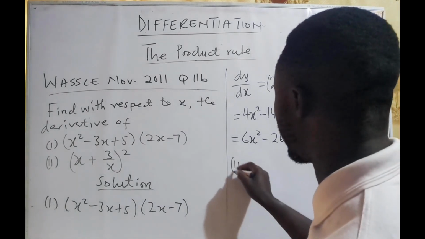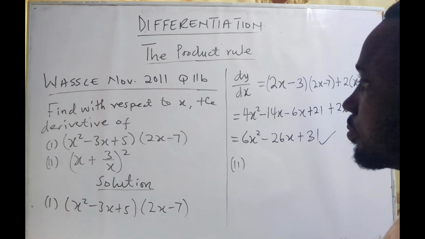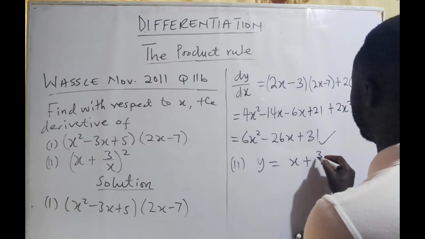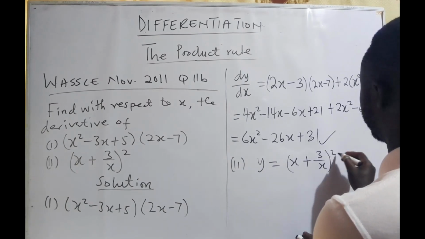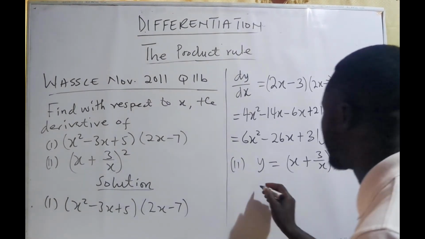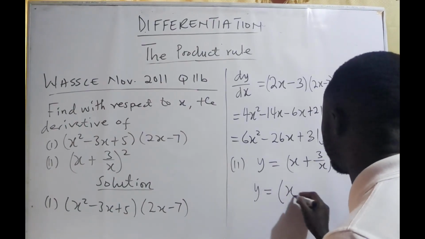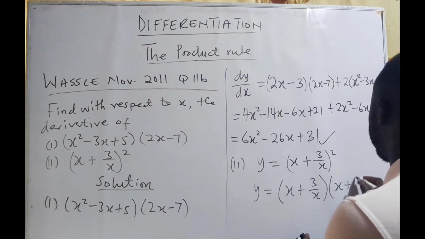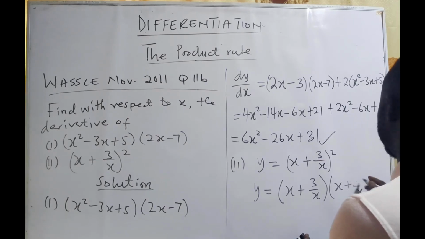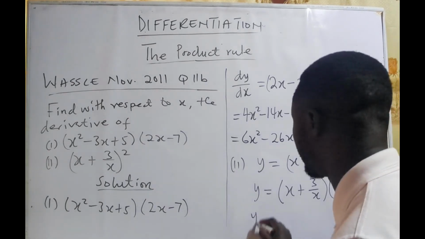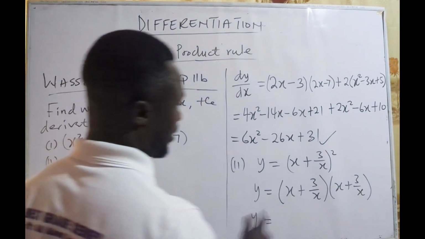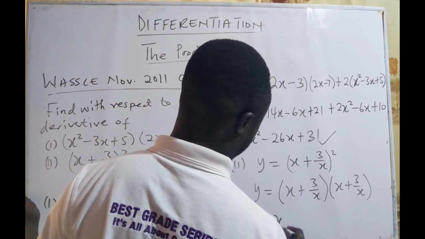So let's do the last one. Let's say y is equal to (s plus 3 over s) all squared. Let me write it as y is equal to (s plus 3 over s) times (s plus 3 over s), so that we can do the expansion here. So s times s will give me s squared.